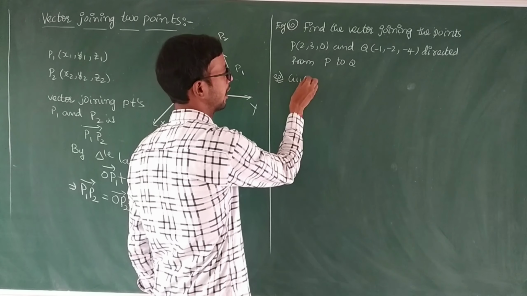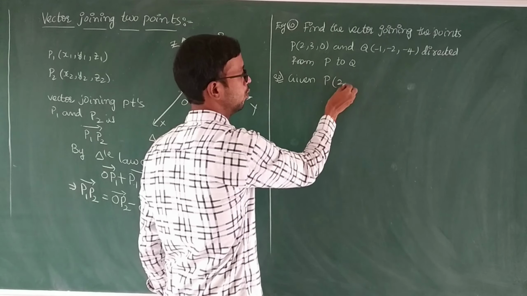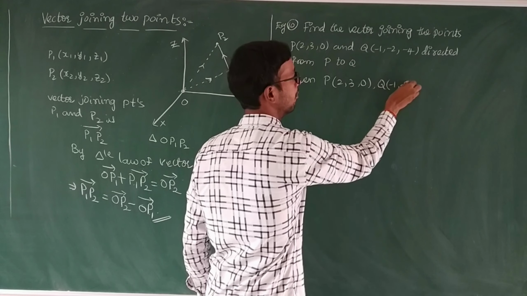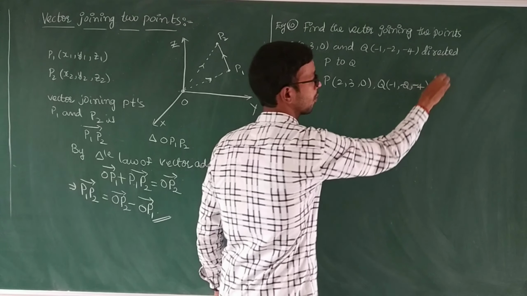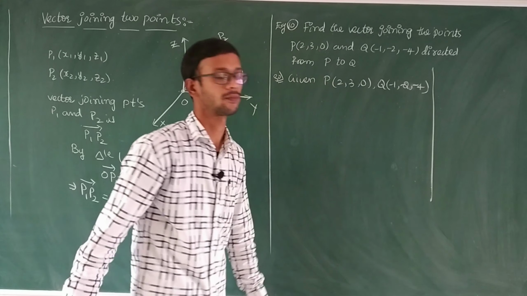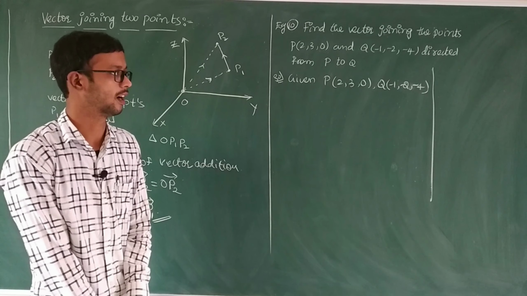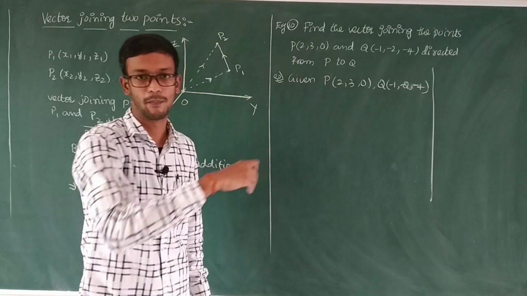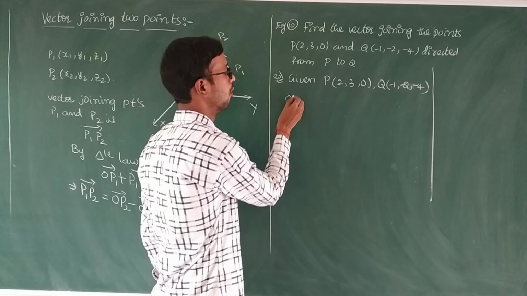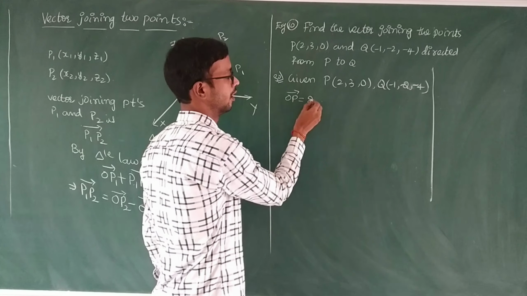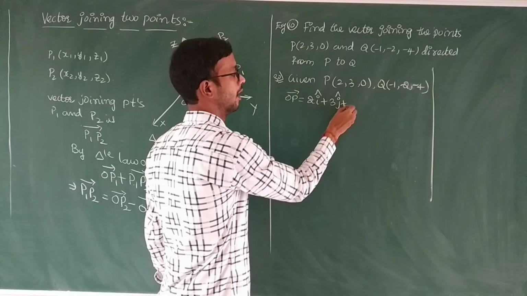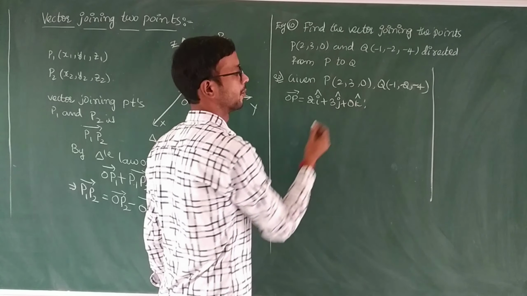Given points: first I'll write P (2, 3, 0) and Q (minus 1, minus 2, minus 4). Two ways you can write here. I'll write the first point as a component vector: OP bar is equal to 2i cap plus 3j cap plus 0k cap.